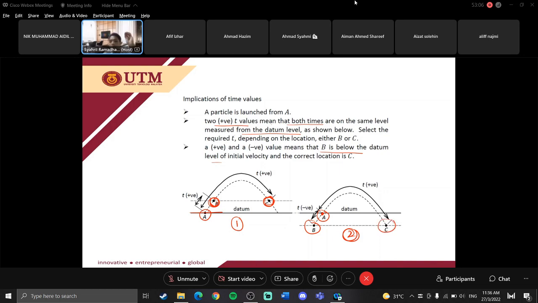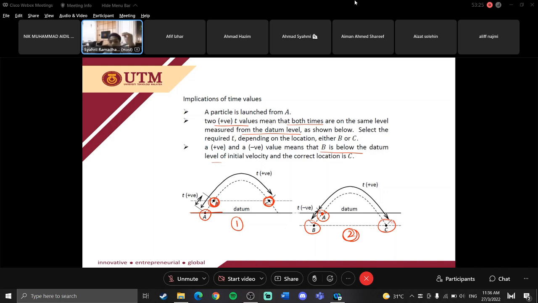So we will choose the correct point, which is point C, the positive time only. When we throw the ball, or when projectile motion occurs, we throw forward, and we measure the time forward.